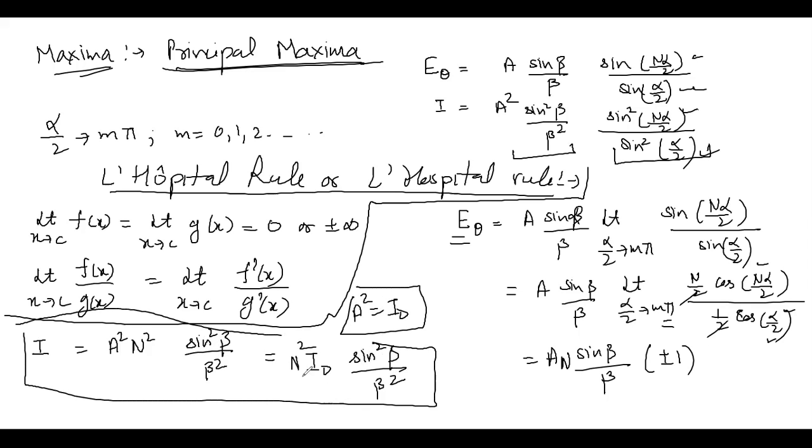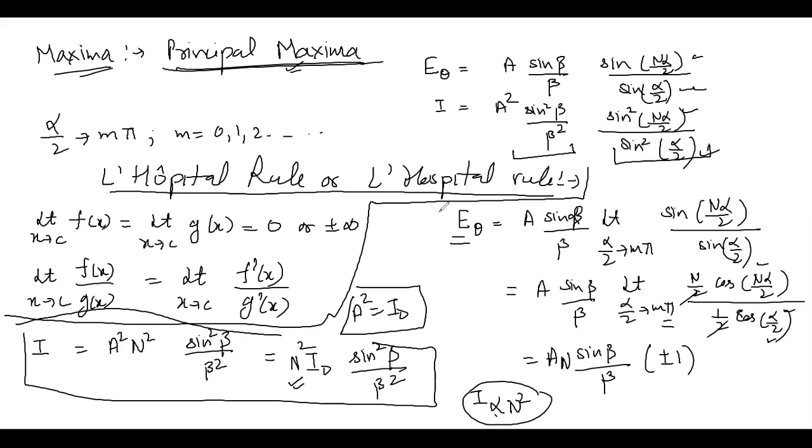Look at the expression here. Intensity of maxima, principal maxima rather here, is directly proportional to n square. That means the more the number of slits, the higher will be the intensity of principal maxima. And I'll show you a figure and I'll remind you to look at and verify this expression again at that time. This basically means that if you have 4 slits and if you have 400 slits, then the intensity of principal maxima is going to be much larger in the 400 or 4000 slit as compared to 4 slits.